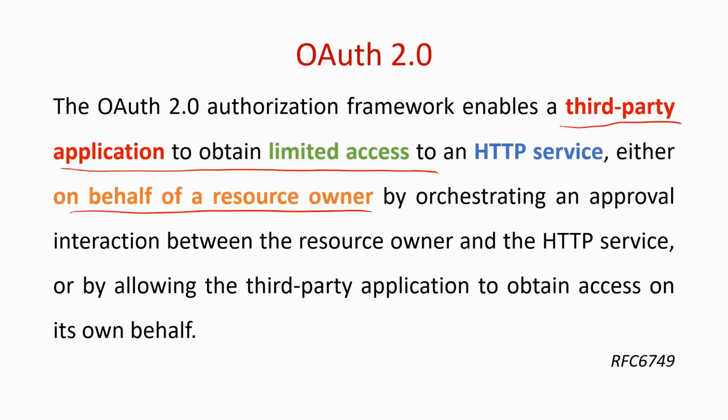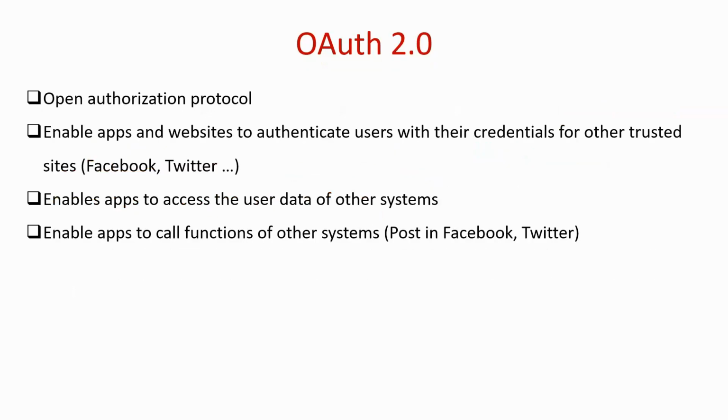But at least they would be relying on Google or Facebook to authenticate you. In this case, Google or Facebook will just tell this application that this is a legitimate user, that we recognize this user. And if this application trusts Google or Facebook, then they would allow this user access.